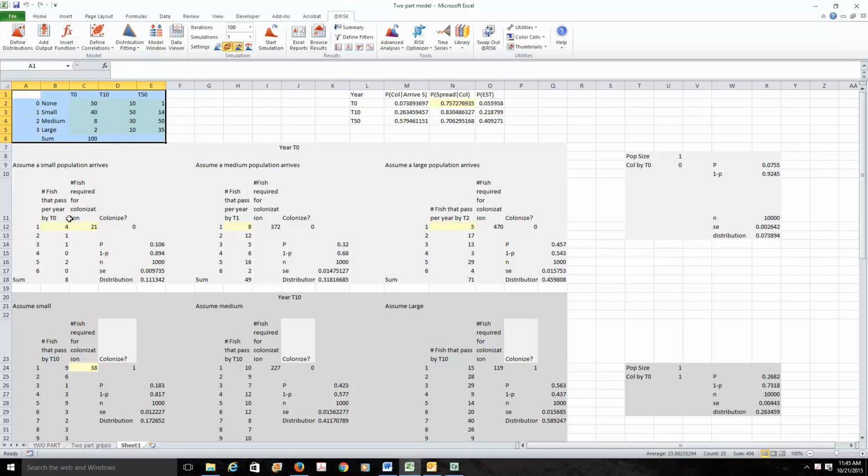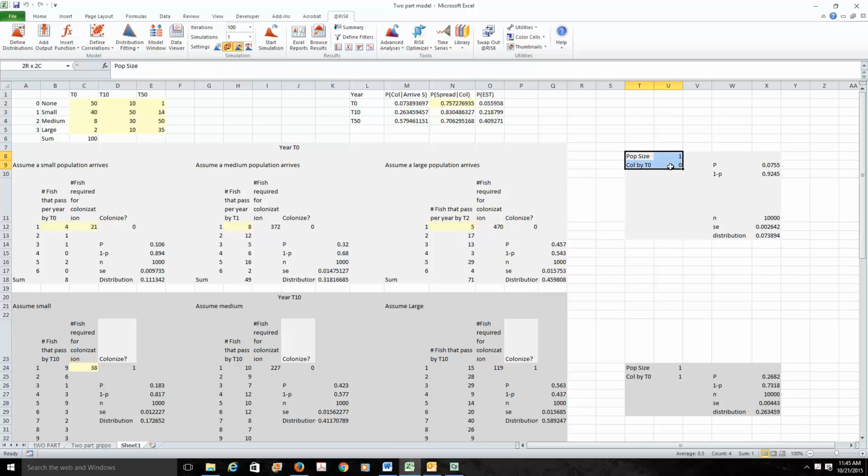When we look at passage, we looked at passage as the number of fish, and we began to move to the probability of colonization by comparing the sum of the fish to the number of fish required to see whether we had colonization or not. So now what we want to do is combine these colonization probabilities for all the different population sizes. Here's how we're going to do that.